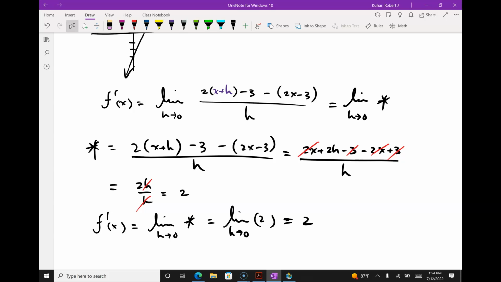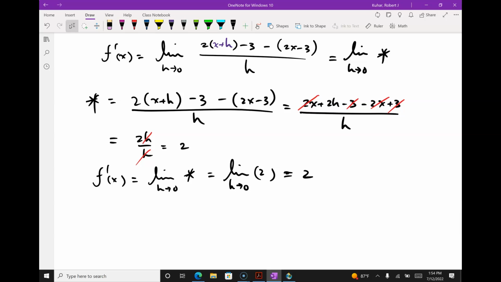We okay here? Shortcut. What's the shortcut? The derivative of y equals mx plus b is m. The derivative of a constant is 0. The derivative of mx plus b is m. How are we doing? We okay?